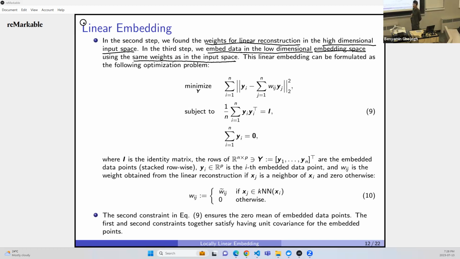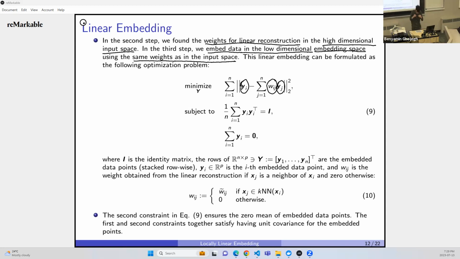Let's model it mathematically. How? We say y_i is the embedding for x_i, and this is y_j. Also I have w_ij. So what is this w_ij? The same weight as we had in the second step. However, in the second step, we had tilde. Here we don't have tilde. I will tell you why.